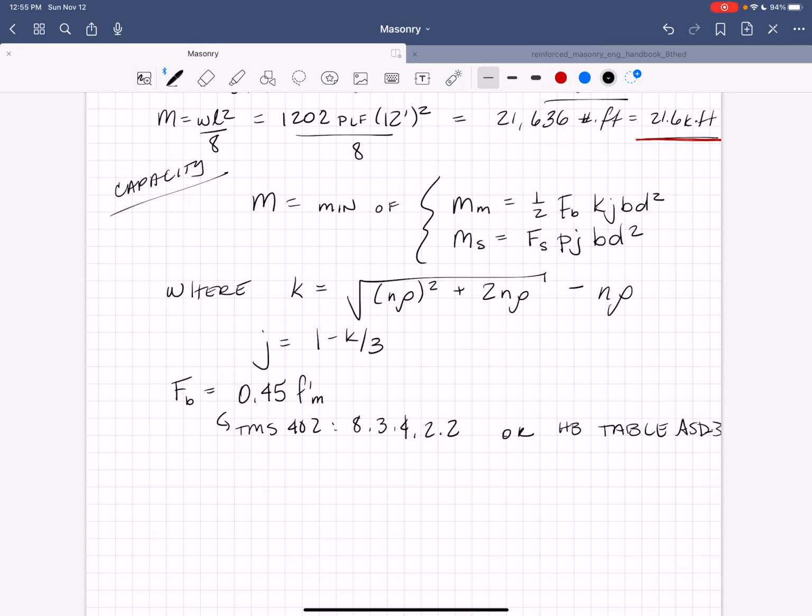So that's in chapter 14 of the handbook under ASD tables. Continuing this calculation, it's 45% of F prime m, so 0.45, and ours was a strength of 2000 psi, and that equals 900 psi. Okay, so that's the F sub B term.